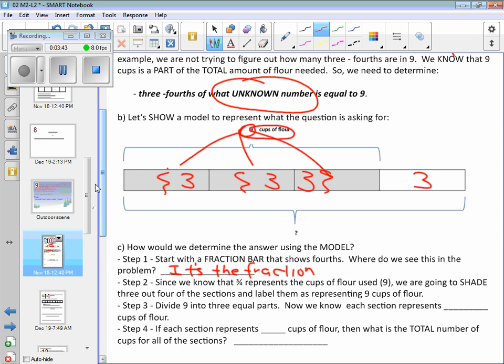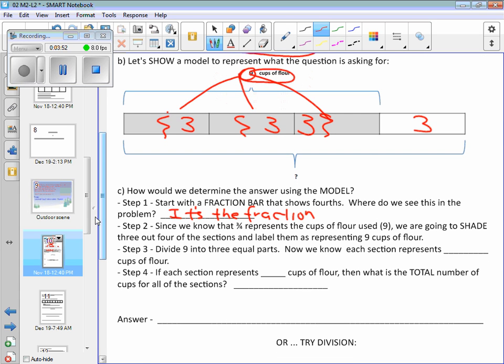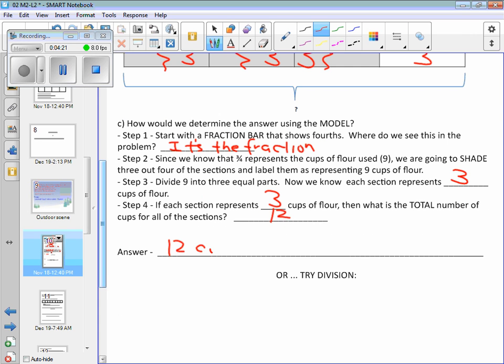Well, the first example has done that for you. Then I've already asked you to determine what each section is worth, and that's worth 3. And then if each section represents 3 cups of flour, then the total amount of all the sections is now what? Add it all together. What do you get? You get 12. And that's our answer. 12 cups of flour.